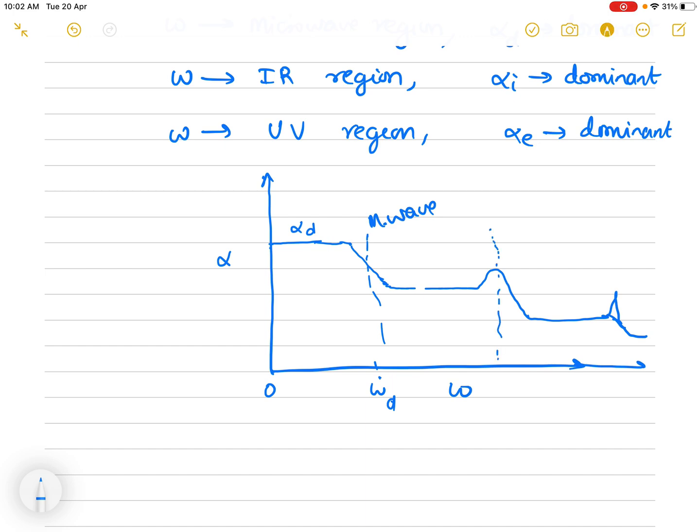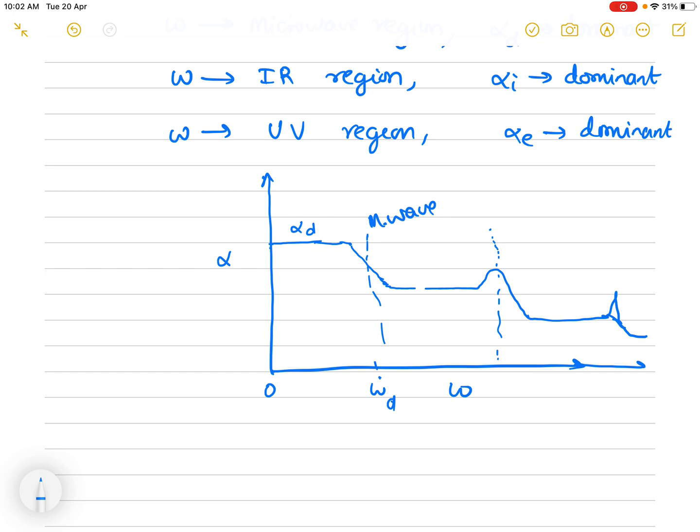In this case we see only the ionic polarizability, at a frequency that corresponds to the transverse optical phonons of a substance.